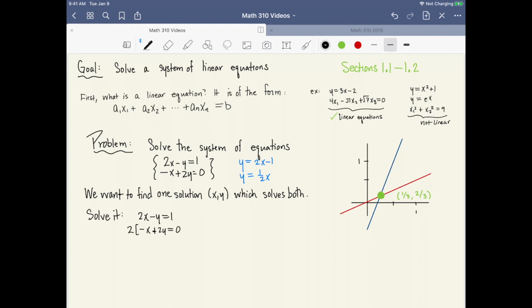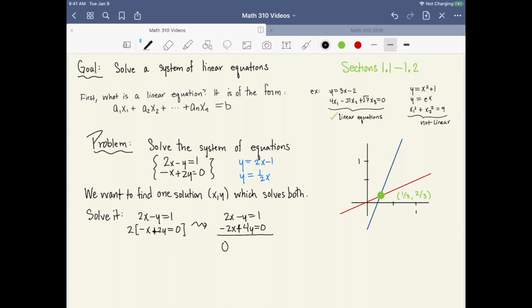But after you multiply the second equation through by 2, you end up with the system 2x minus y equals 1, and then minus 2x plus 4y equals 0 for the second equation, after which you can add them together and the x's will disappear.